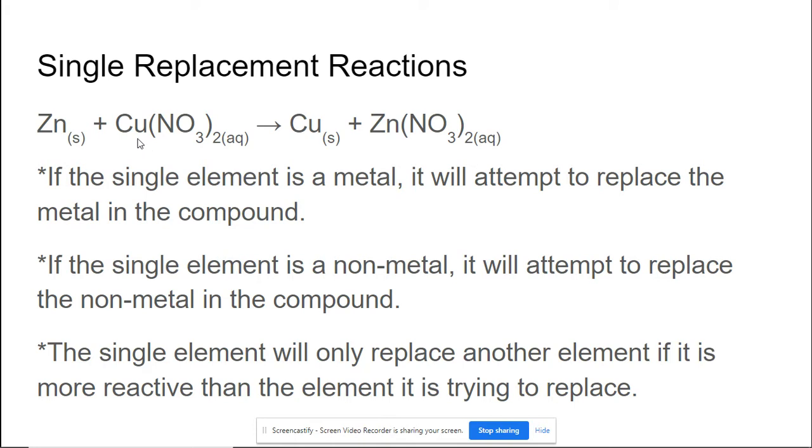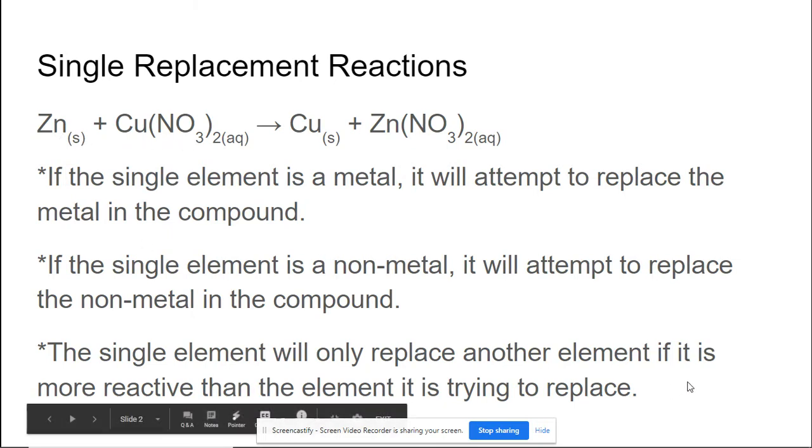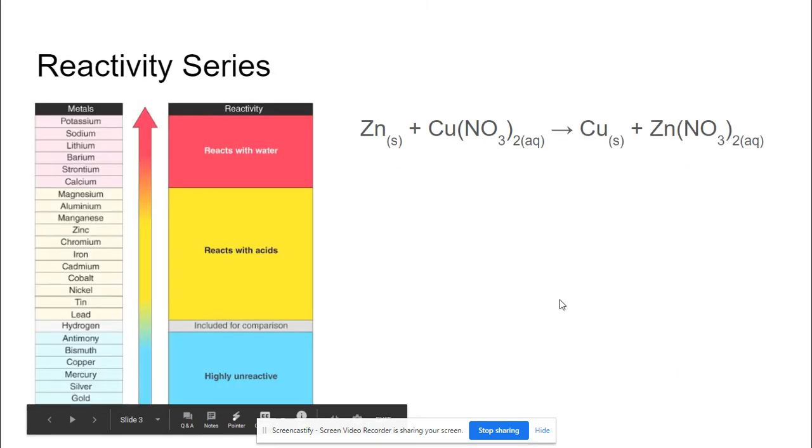So if you want to think about it this way, the only way that zinc is able to replace copper in this dance is if the nitrate is more attracted to zinc. It's more reactive. If zinc is more reactive, it can kick copper out. If not, then copper is going to stay there dancing and zinc is just out of luck. Okay, and I'll show you a couple more examples of this as we go along.